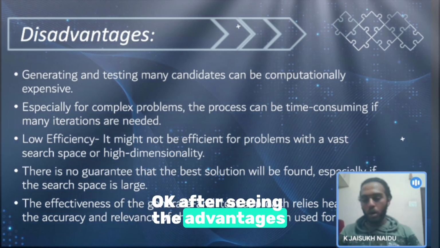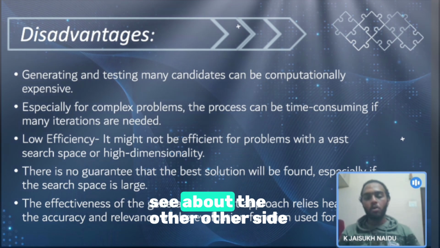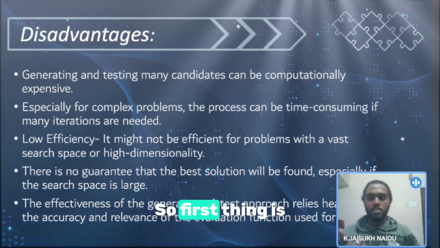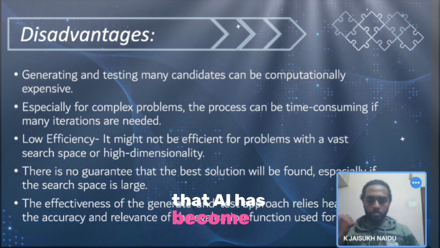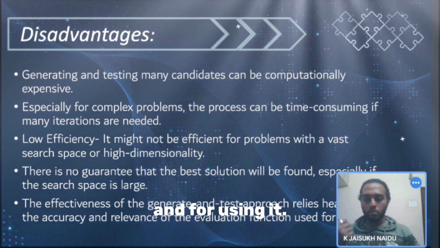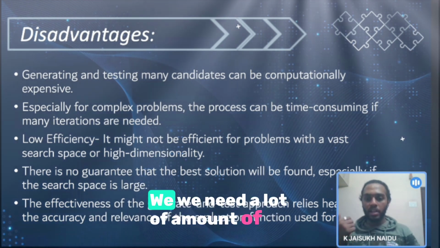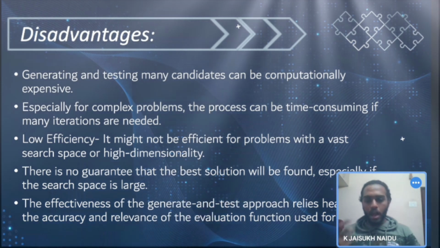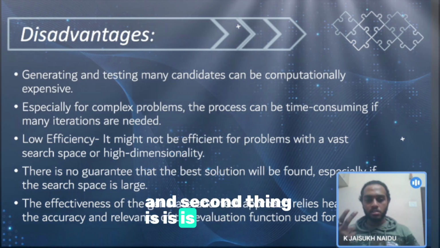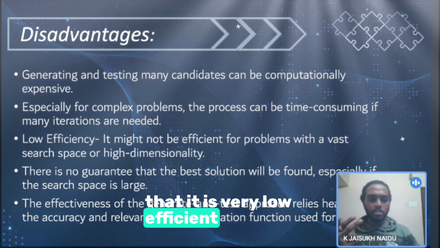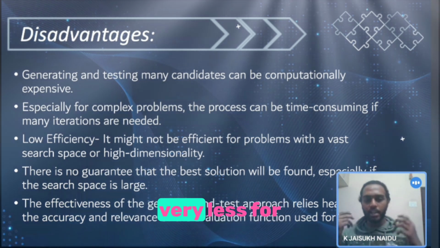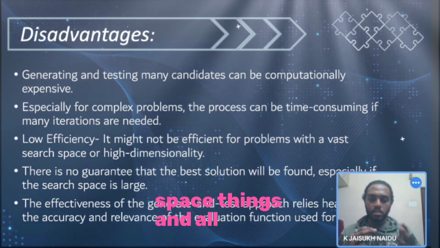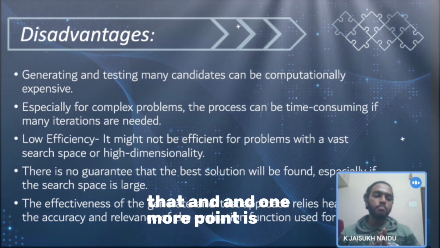Now after the advantages, we'll see the other side of it. First, AI has become expensive, and using it needs a lot of money. Second, it is very low in efficiency, and the efficiency rate is very low for problems like vast search spaces.